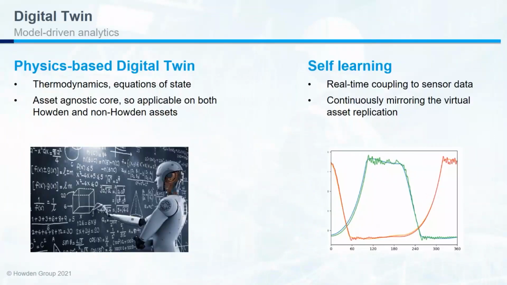Going a bit deeper into the model-driven analytics: the physics-based digital twin, what does it do? It uses the thermodynamics and equations of state of assets, so the calculation models that we also use to design new build machines, or to calculate revamp projects. And it has an asset agnostic core. Depending on the product, but with many products it has an asset agnostic core, so it's applicable on both Howden and non-Howden assets.